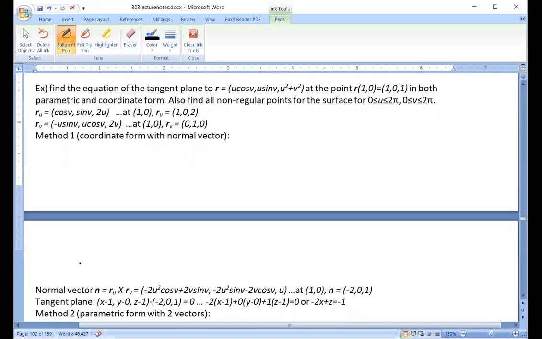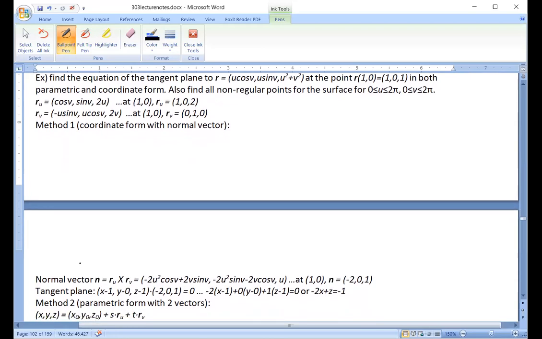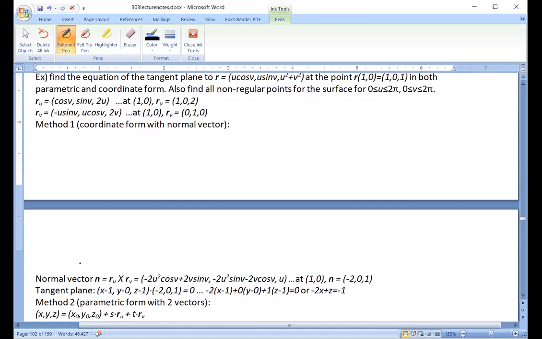Now, method 2, which is going to be new for us. Writing down the tangent plane equation parametrically. So we know that the equation for the tangent plane, we just write down as xyz is going to be fixed point, x0, y0, z0, plus parameter s times one tangent vector, dr du, plus parameter t times second tangent vector, dr dv.